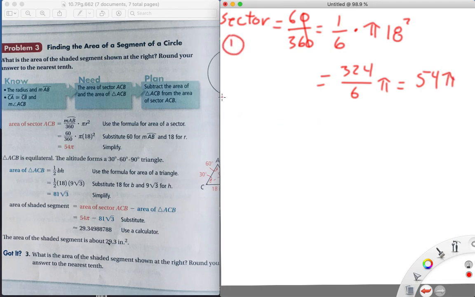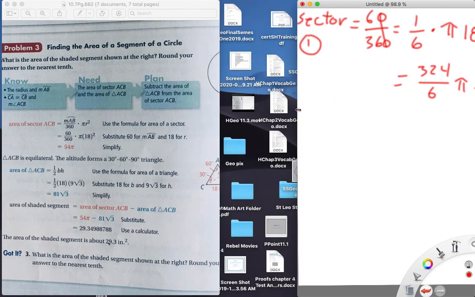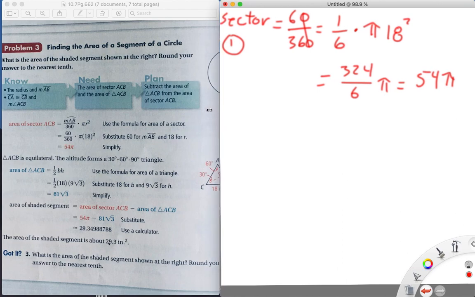Step number 2, we have to find our segment. In this case, our segment is going to be that triangle. We know that it's a 60-degree triangle.